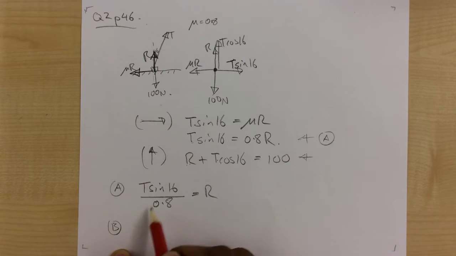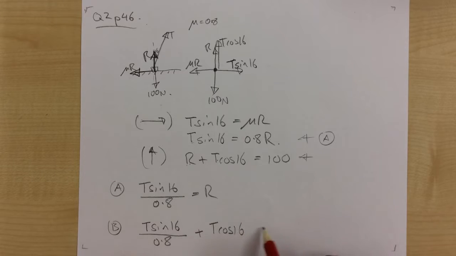And I can sub this into B. In B, I can take my value from this, which is R, is T sine 16 over 0.8. Plus T cos 16 is equal to 100.